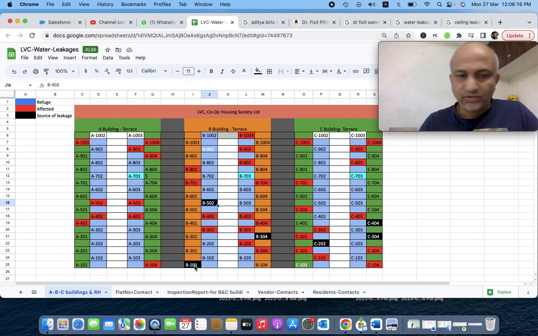Here the problem is within the house, so we have marked it as black. So wherever we are seeing black marks, they are the root cause. These houses are the root cause of the leakage. This way you can narrow down the problem of your apartment and fix the root cause one by one.